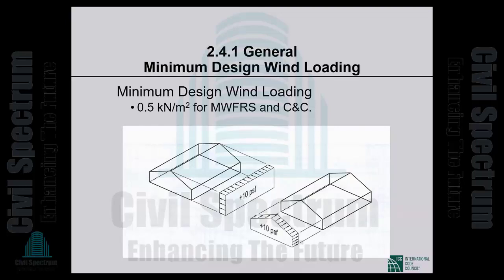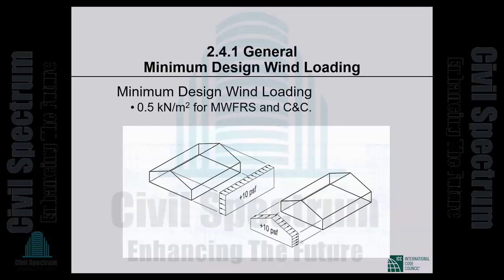For the main wind force resisting system, I want you to understand for all time to come that these are separate load cases. So for the transverse direction of this building, we will calculate the pressure distribution along the height of the wall and along the vertical projection of the windward roof.